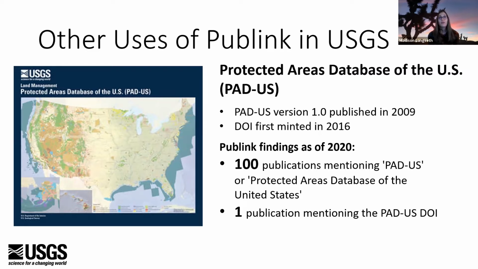So for example, the Protected Areas Database of the US was first published in 2009. The first DOI for PAD-US was not minted until 2016. And then as of 2020, we found 100 publications that had mentioned PAD-US, or Protected Areas Database of the United States, but only one publication mentioning the assigned DOI.